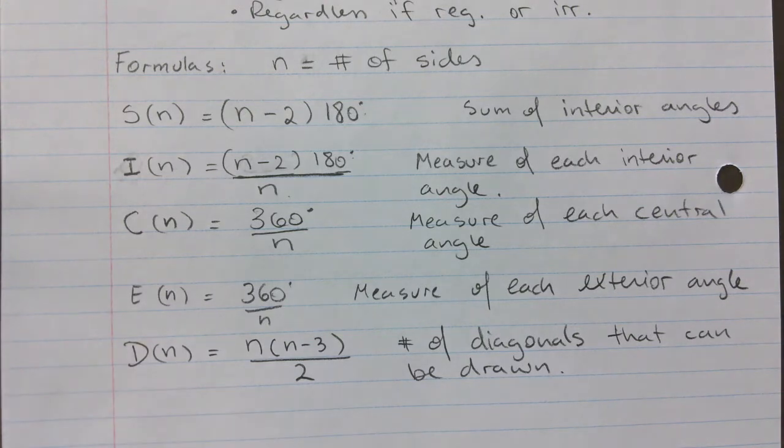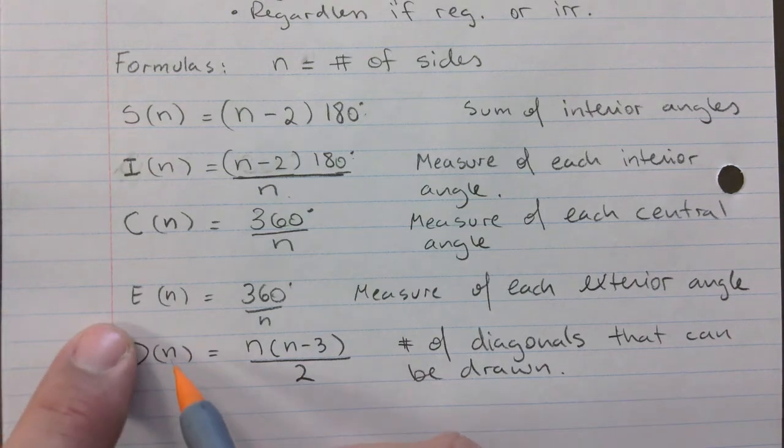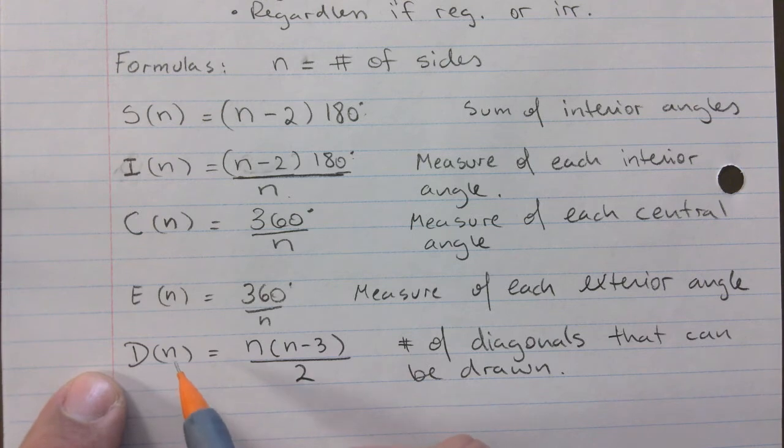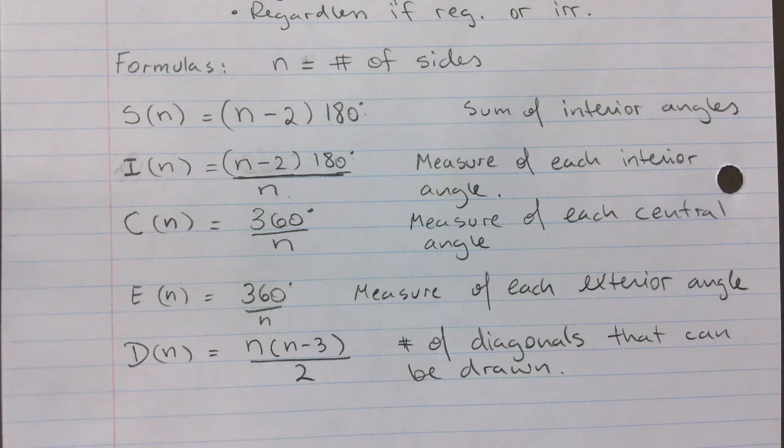So you should be psyched about polygons. Do you see that? That's not how you spell it, I know, but psyched. So these formulas definitely make sure you get them onto your study sheet.